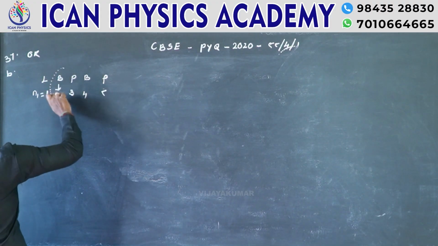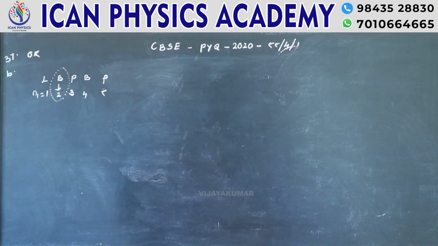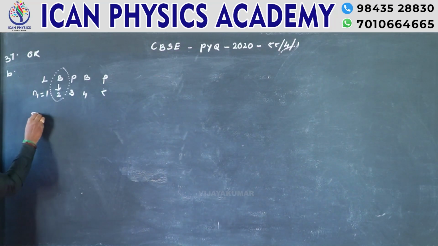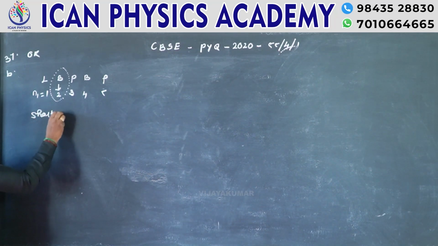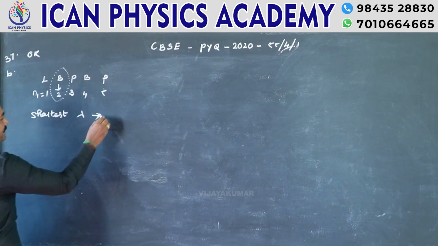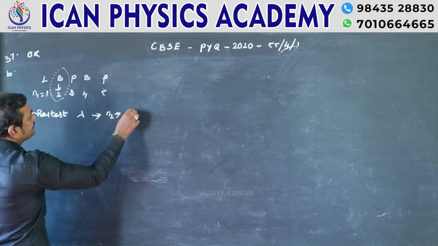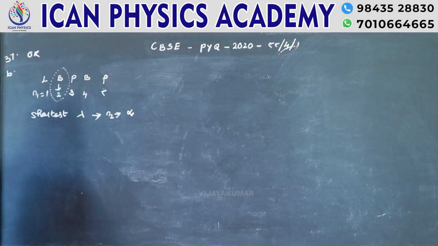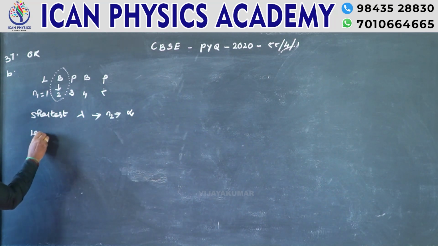So for our case, Balmer, the value of n1 is 2. Next, shortest wavelength. For the shortest wavelength, n2 is infinity.